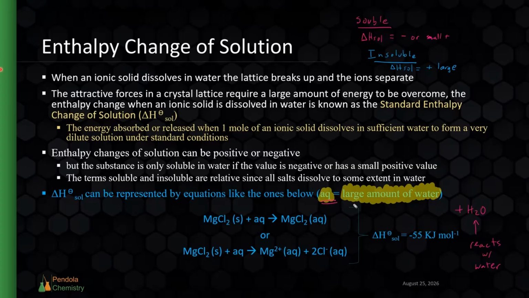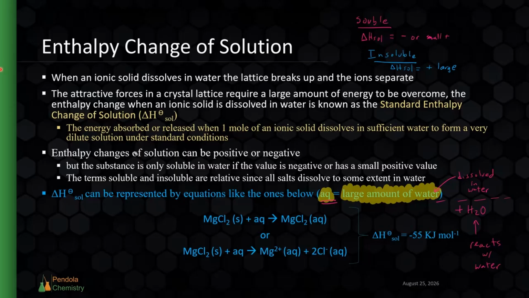Instead, we use the term AQ to mean a large amount of water, meaning that it is being dissolved in water. So we use AQ in an equation when we want to say that something is being dissolved in water, and we use H2O in an equation when we want to say that something is reacting with water.